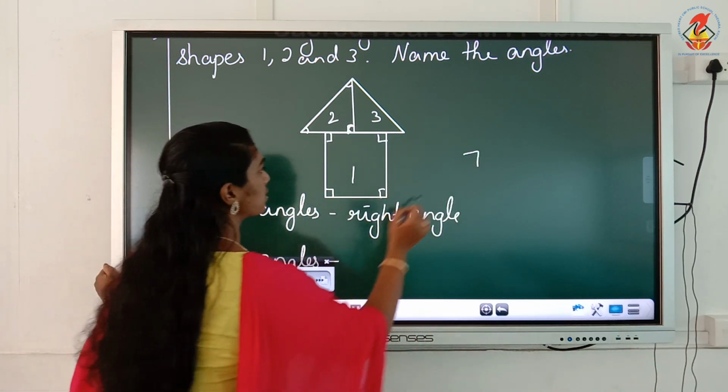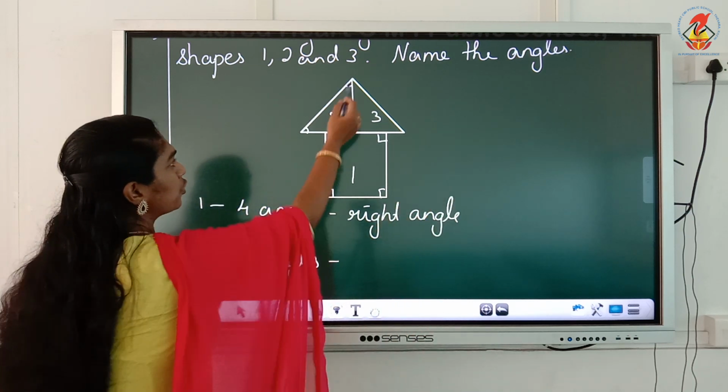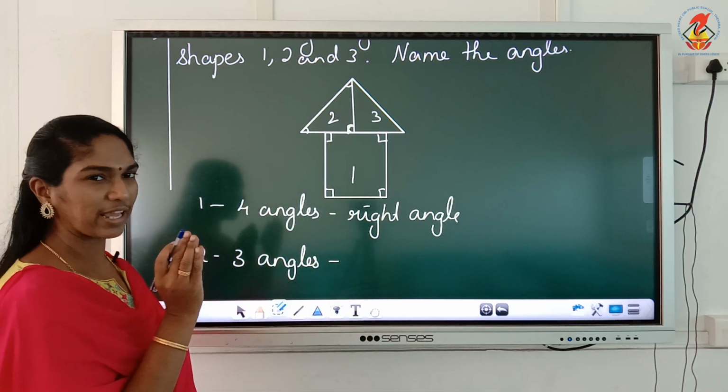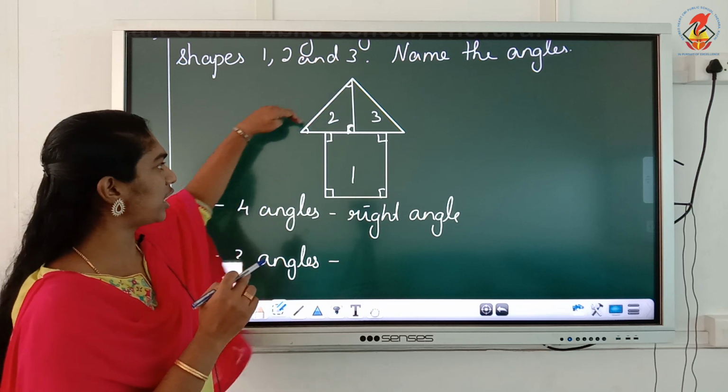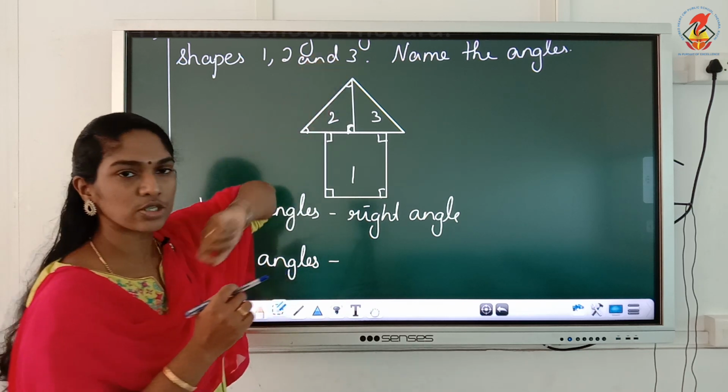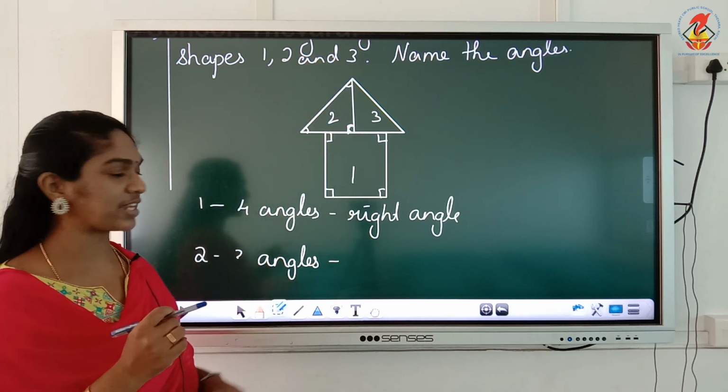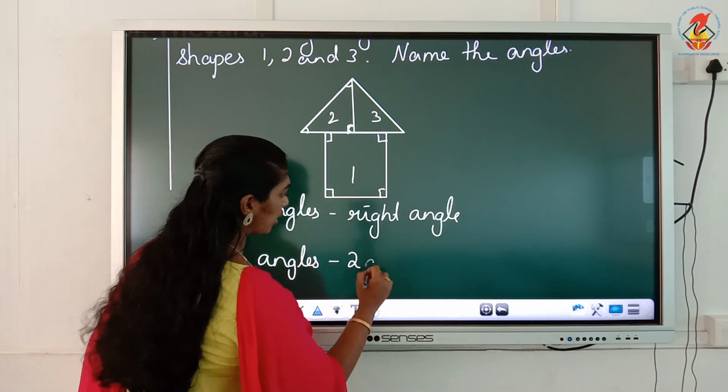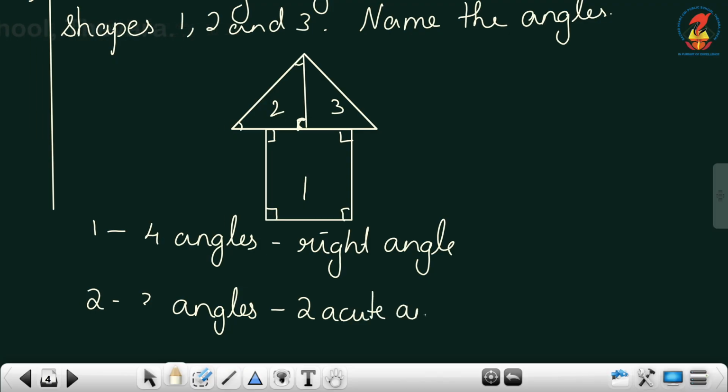So you have 2 acute angles, small angles, you can see the mouth is closed. This is acute, this is also acute, and you have 1 right angle. So 2 acute angles and 1 right angle.